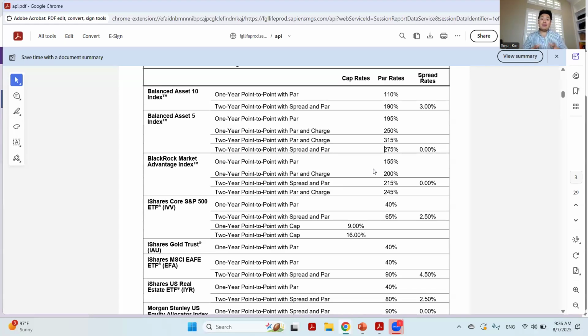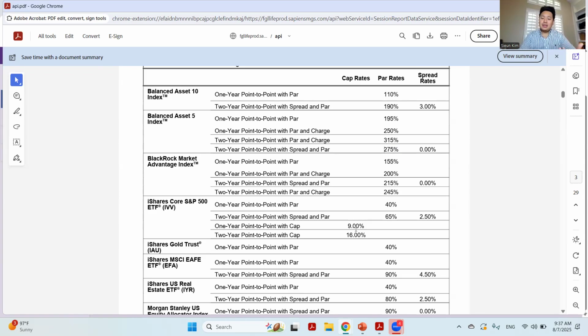So if we divide that by two, you would have received almost 14% return each year. If we wanted to go with the 1 year point to point, you still get a multiplier of 195%, but the multiplier is not as big. So if you hold off to get the interest every 2 years, you just get a better return. So I just let the client know.